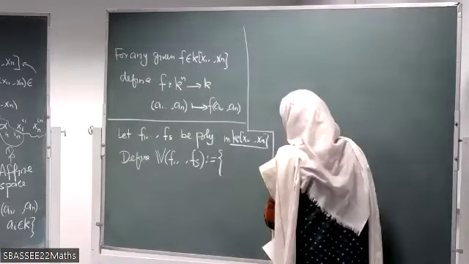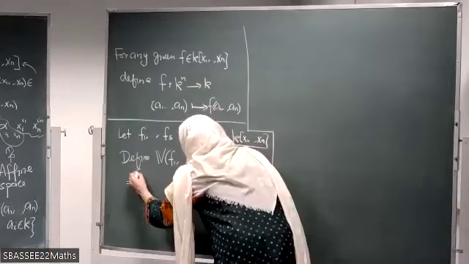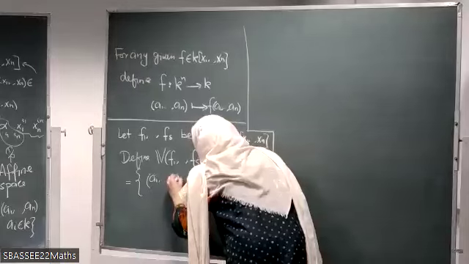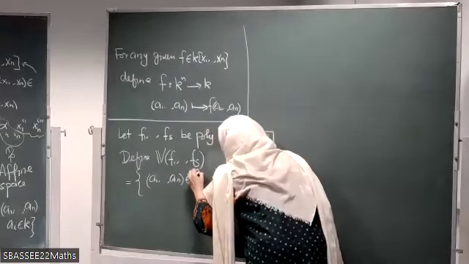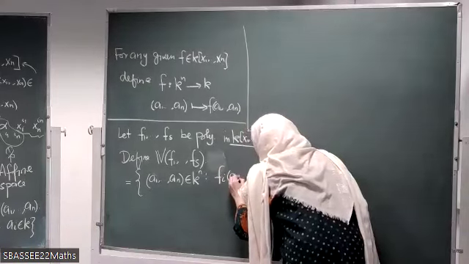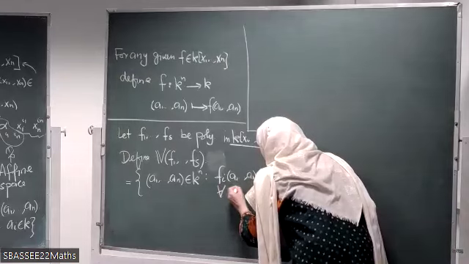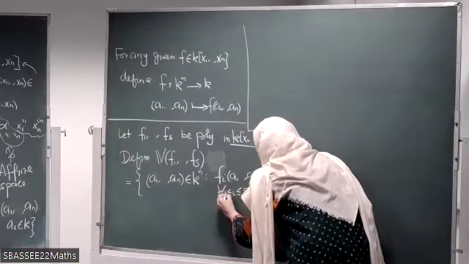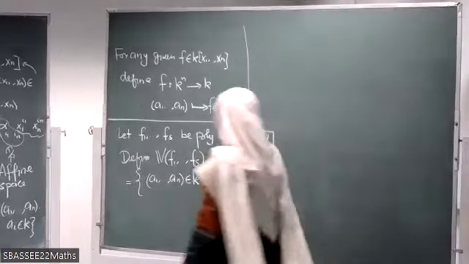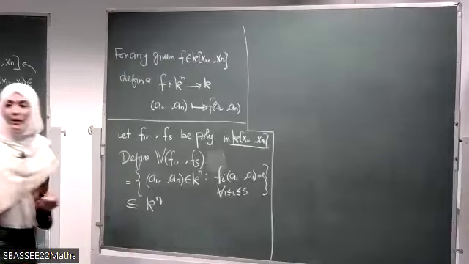So you are picking all points, let me put it here, so I'm picking all points in our space such that this satisfies these polynomials. And definitely this set is contained in Kn, in our affine space.